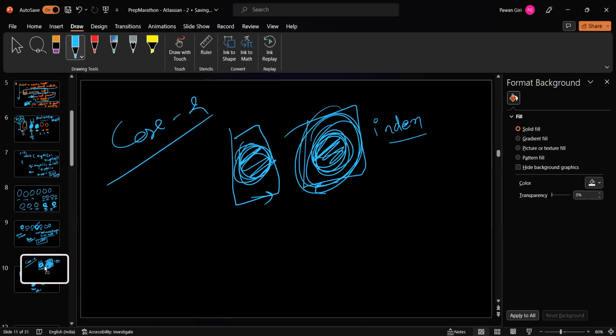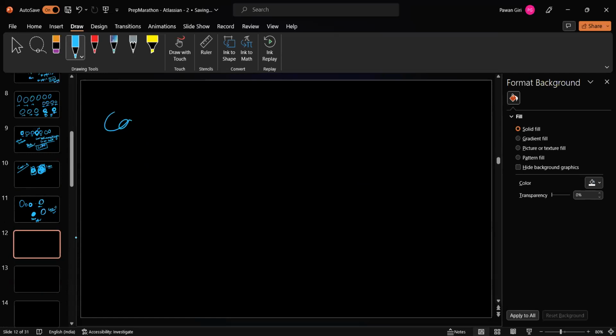Now what is case three? Case three is when the current ball which is moving to the left has lesser strength than the ball present at the top of my stack, at that particular index. In this case my current ball will be destroyed, and nothing will happen to my stack.